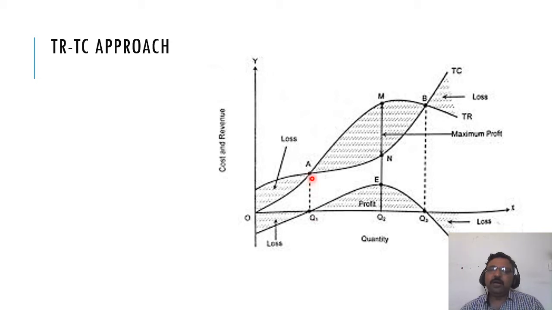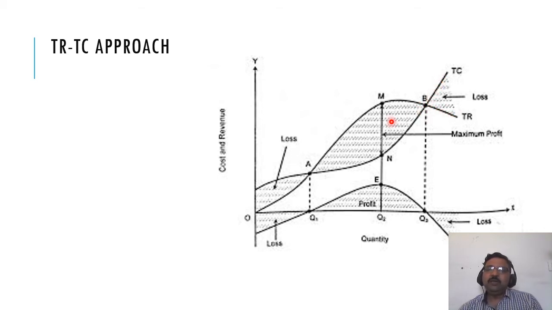If total revenue is allowed to rise further, output will go on increasing until it reaches point M, where the total revenue becomes maximum. The total cost is NQ, and the gap between the total revenue and total cost is MN, which is the maximum profit. Further, if output increases, total revenue may fall and cost will go on rising.